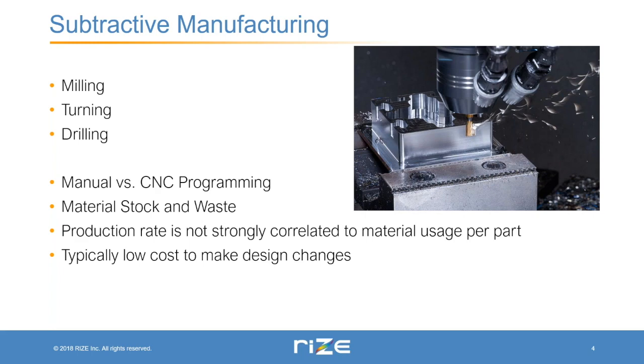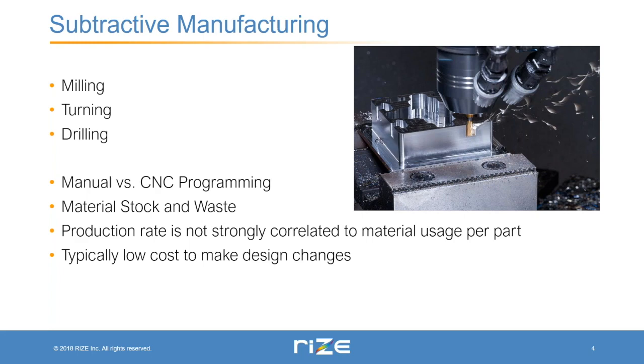Turning would be somewhat similar, but rather than a stationary block, the workpiece would be rotating and material would be removed as it spins. And then drilling would simply be sort of like milling, except the drill bit would only be moving up and down to produce circular geometry and holes.